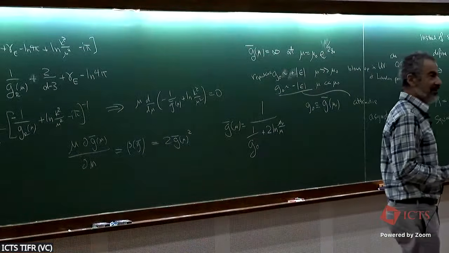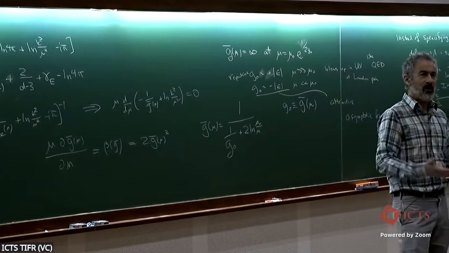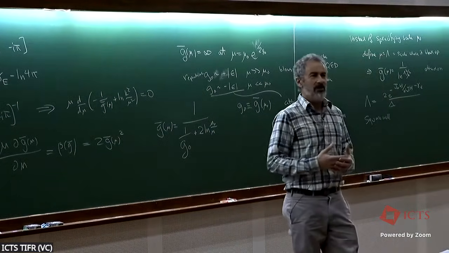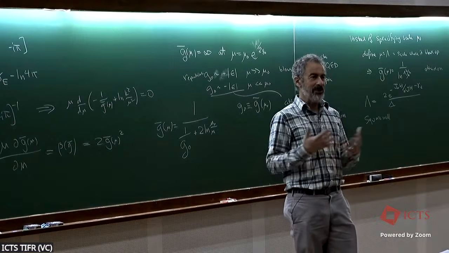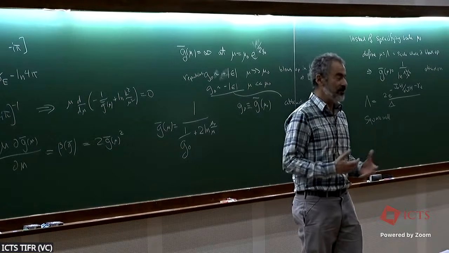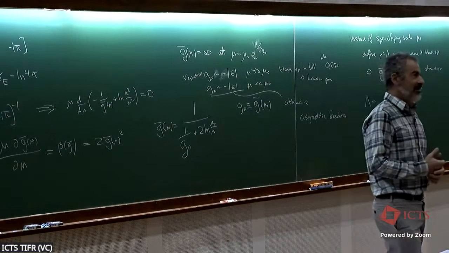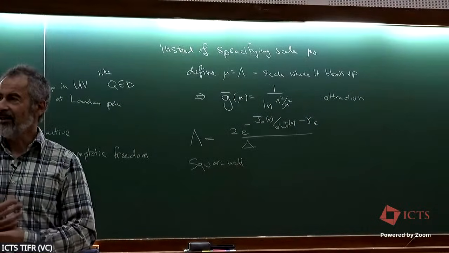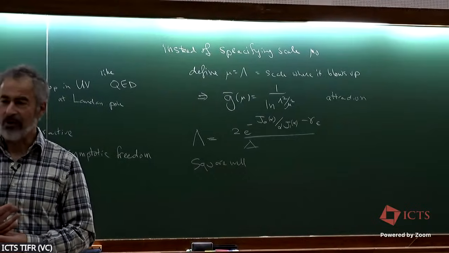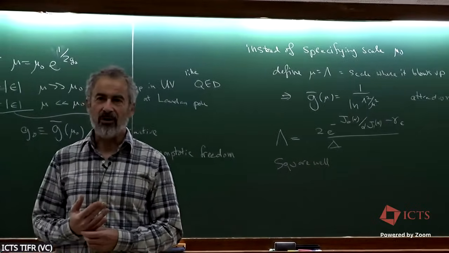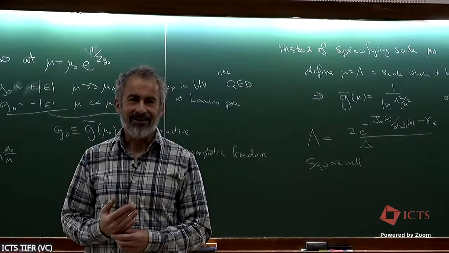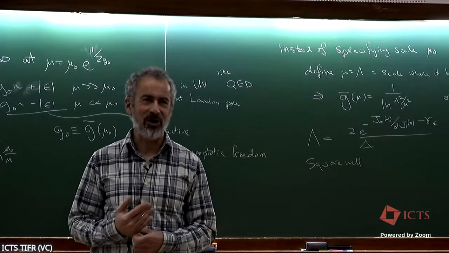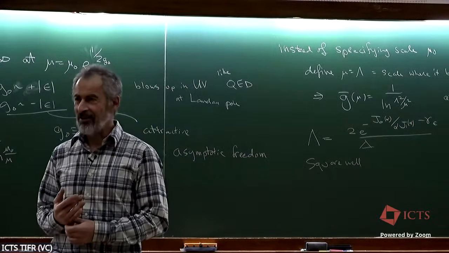They decided that the beta function had been computed for all other theories, Yukawa theories, phi to the fourth, and so on, and QED, but no one had computed the beta function for non-abelian gauge theories, so they wanted to do it. They got about 50 pages of calculations and decided that it was a mess and that it was going to depend on the gauge fixing parameter, and therefore it couldn't be physical. So they said, we don't want to do this hard calculation just to get to some non-physical answer, and they decided to quit.